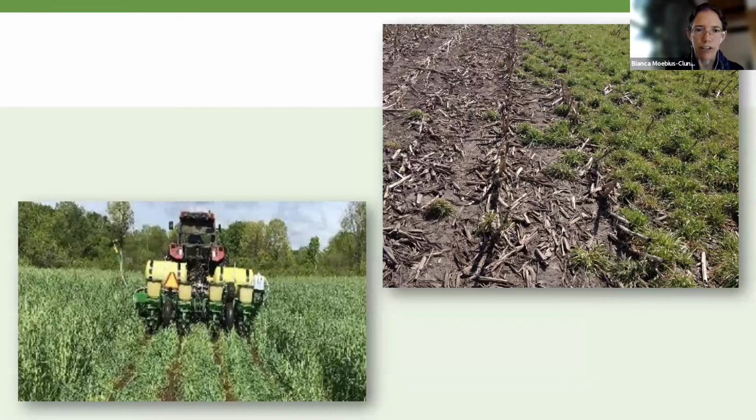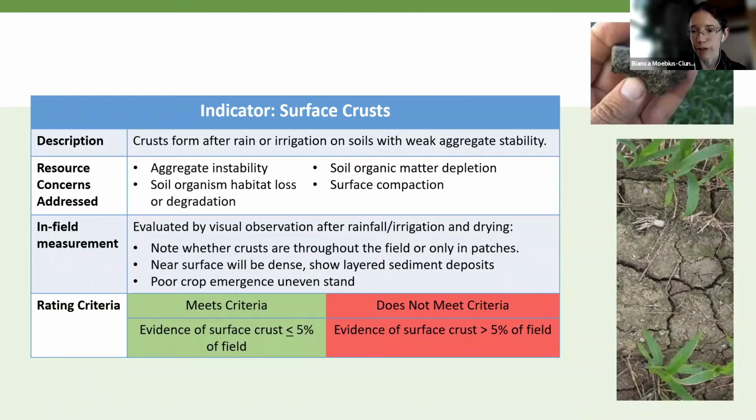So here's an example: here's some corn stubble, and here's some corn stubble with a cover crop growing in it. So this side right here would meet that resource concern, whereas this side would not. A system like this right here, that would meet that resource concern because more than 75% of that soil is covered. Surface crusts. We've talked a fair bit about aggregate stability.